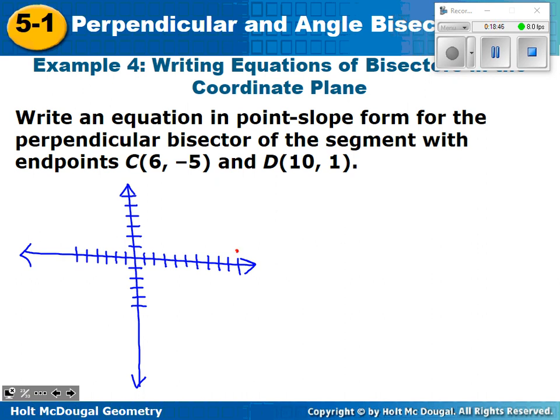So we're going to graph (10, 1) and (6, -5). And then connect your dots to draw your line segment.